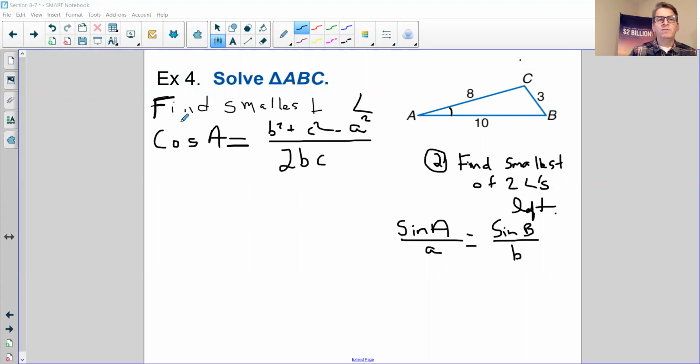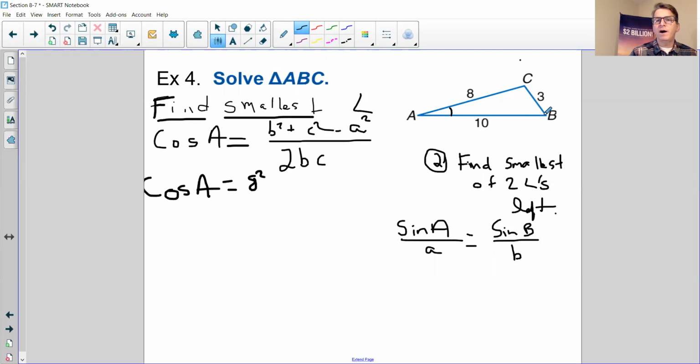That's probably the most difficult thing to get started: if you're using the law of cosines with your 3 sides, you've got to find the smallest angle. The problems that you'd have on a test or a quiz would be self-explanatory. So the cosine of A would equal B squared, which is 8 squared.